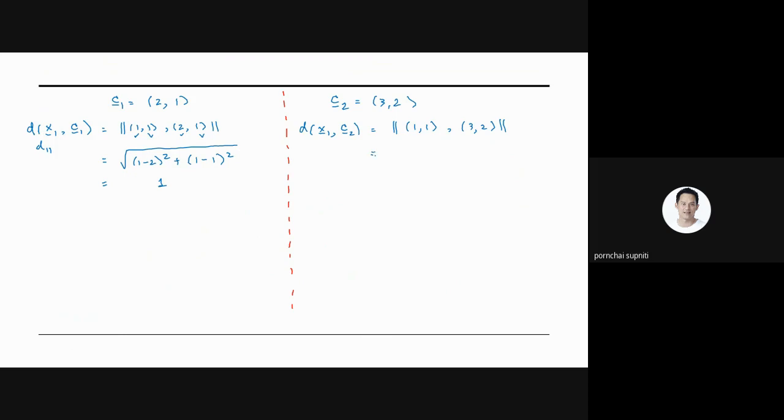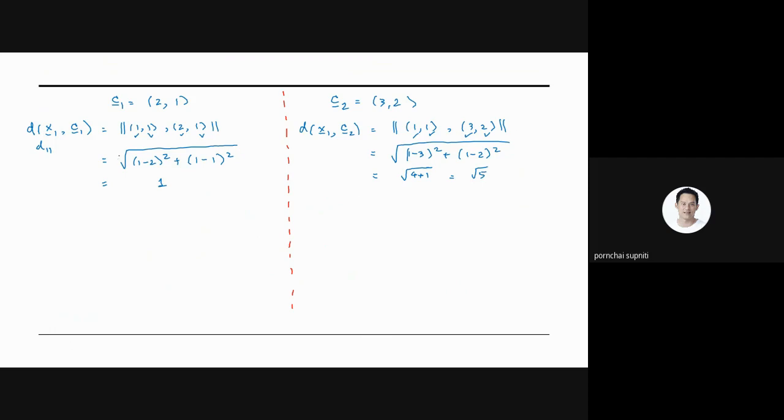So this will be the square root of 1 minus 3 squared, the difference between the values at the first axis, added together with the difference between the second axis, which is 1 and 2, squared. What do I get here? Square root of 4 plus 1, so I get the square root of 5.